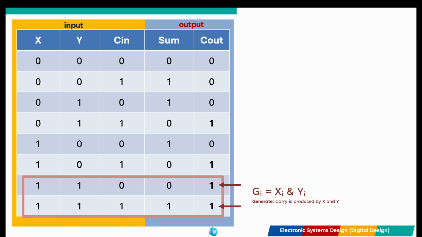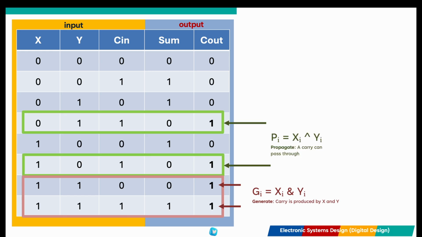In this case, it doesn't matter what the carry-in is. Even if carry-in is 0, 1 plus 1 will always produce a carry. We call this the generate condition. These 2 bits are generating a new carry all by themselves. In our logic equation, we represent this as G equals X and Y.